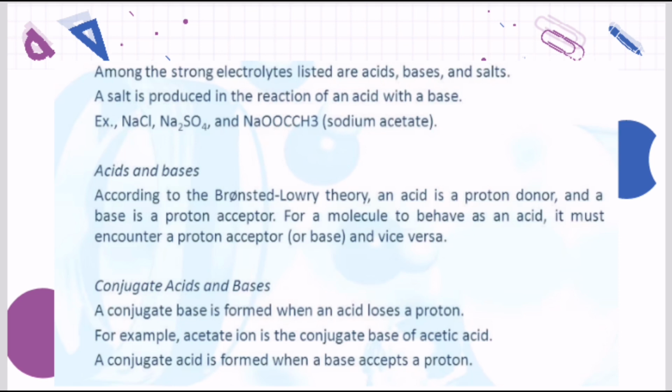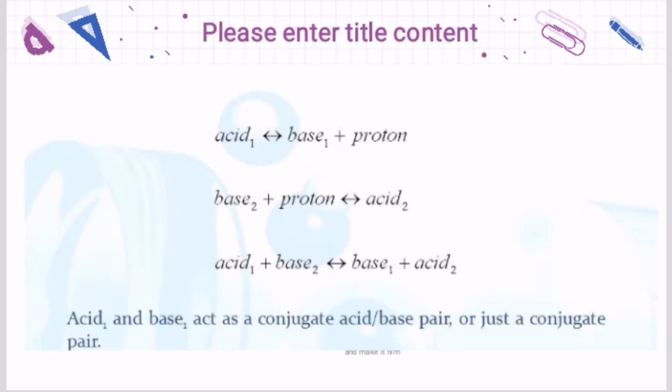A conjugate base is formed when an acid loses a proton. For example, acetate ion is the conjugate base of acetic acid. A conjugate acid is formed when a base accepts a proton. This is how an acid and base act as a conjugate acid-base pair, or just a conjugate pair.